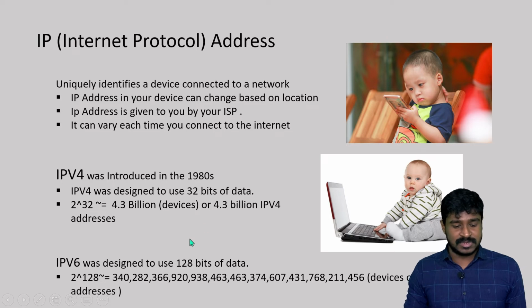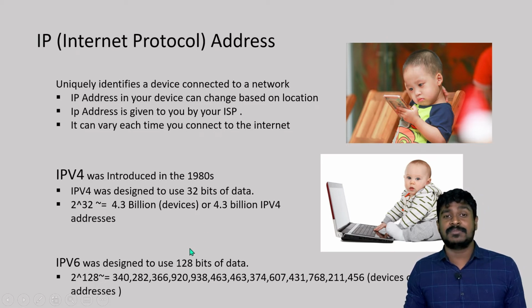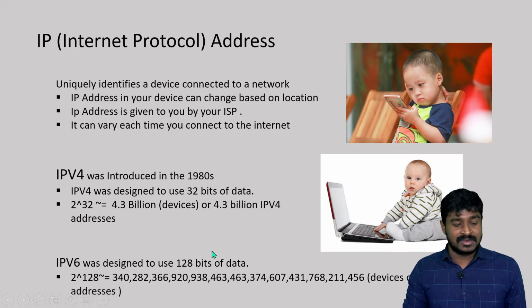So they came up with a concept called IPv6, which can connect that many devices. In 1980, they came up with IPv4, which is 32-bit, which can connect only 4.3 billion devices. But now, after discovering IPv6, we can connect trillions of trillions. Even for many more generations, IPv6 itself is enough.